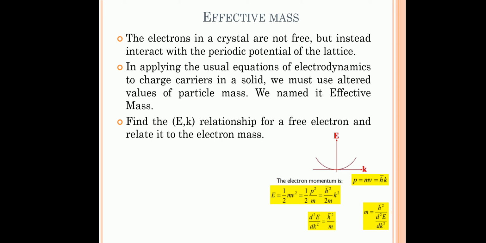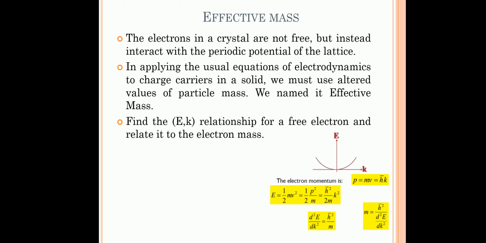After finding this, you will get h squared by m. So this electron mass is inversely related to the curvature, or second derivative, of the E-k relationship. You get d squared E by dk squared equal to h squared by m, and from that m is h squared by d squared E by dk squared.